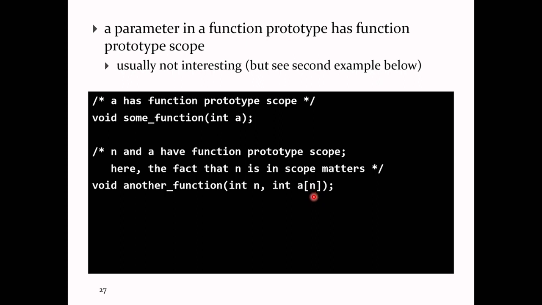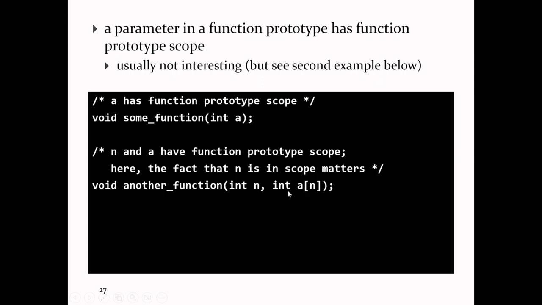Here, the fact that n is declared before the array is declared is important. If you switch these two around, you get int a square bracket n, and the compiler will complain it doesn't know what n is. But because n is declared first, you can use it later in another variable in the parameter list.